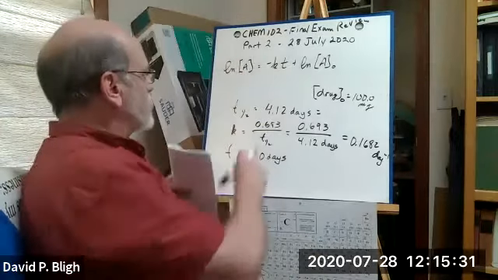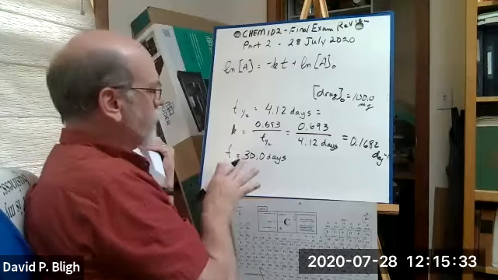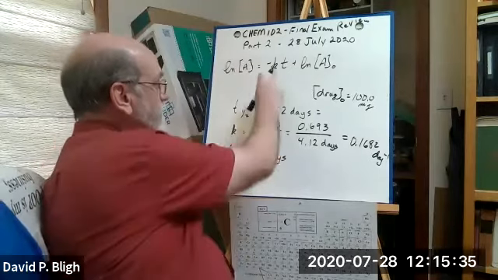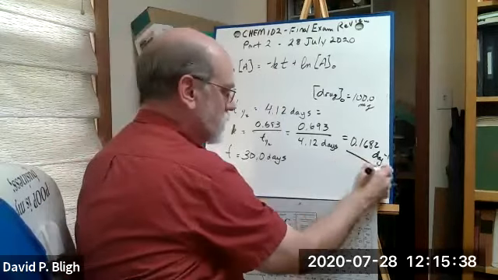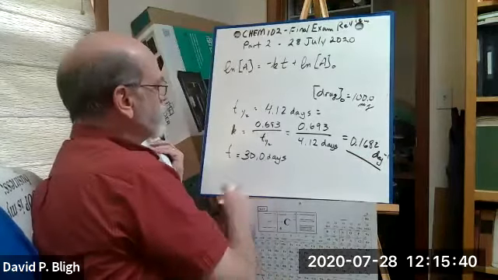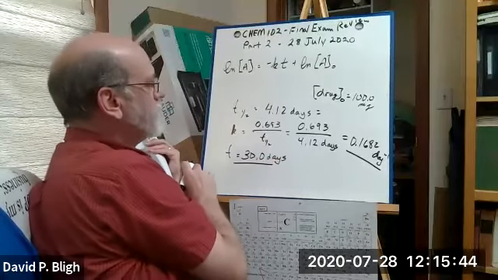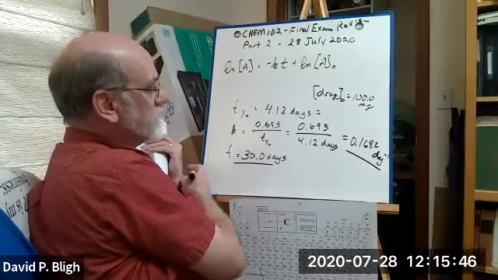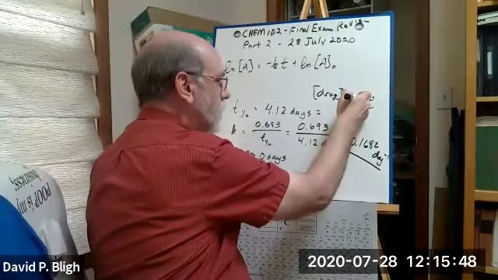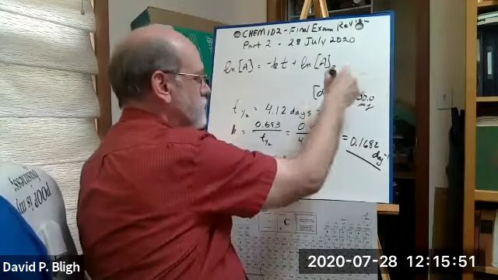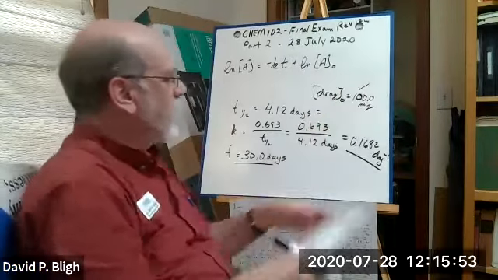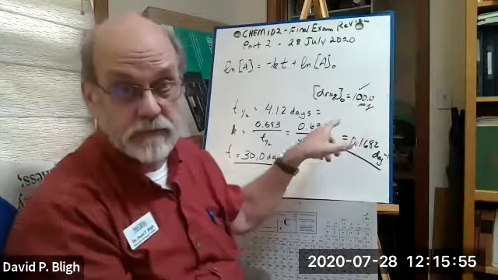So, with this equation, what do we have so far? We've got the k right here. We've got the time there. We have the initial amount right here. Now, why is this not in concentration units?